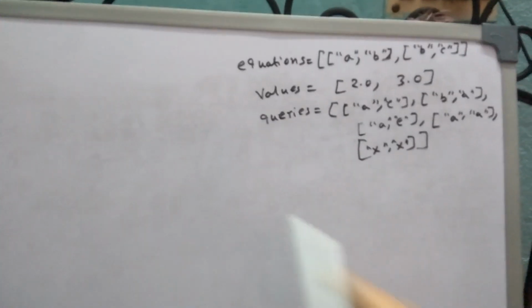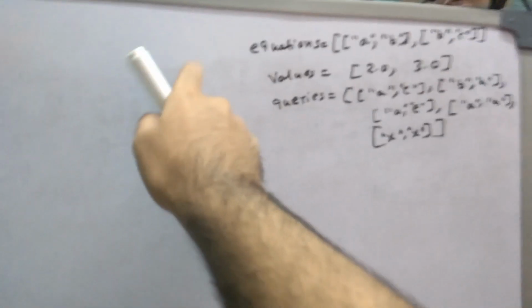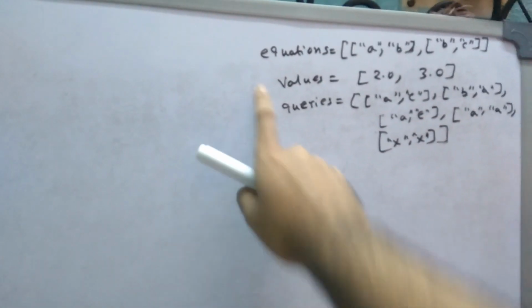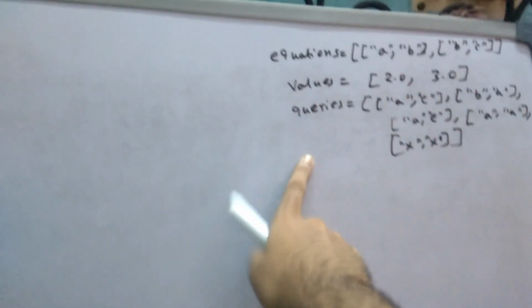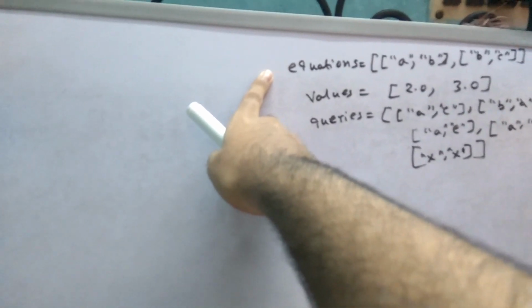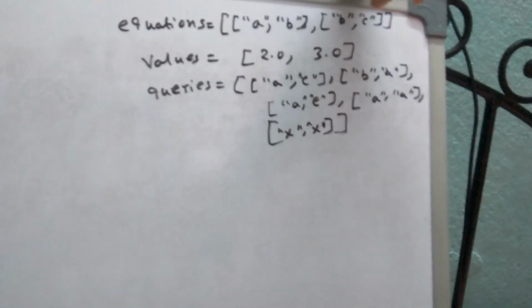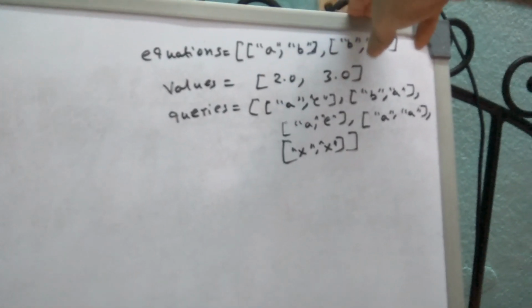I have taken this example from LeetCode and written it down over here. So we will be given all these three values and we have to calculate the output. So first of them will be a list called equations, where a pair of values will be given, like a comma b or b comma c or any lowercase alphabets.